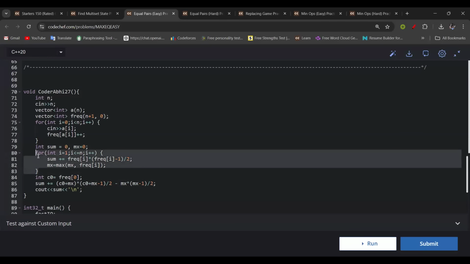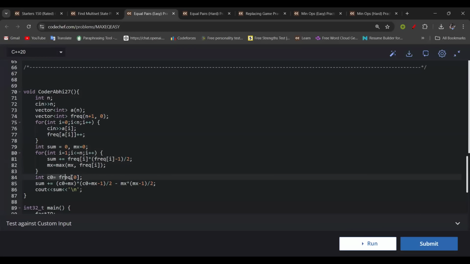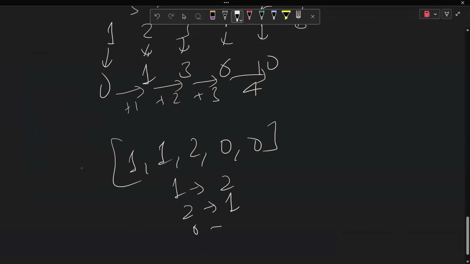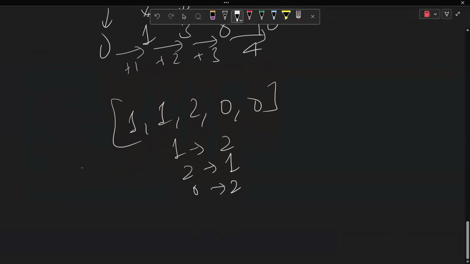Now in this, this C0 is the frequency of 0. So here, if you see, when I had 1, 1, 2, 0, 0, my frequency of 1 was 2, frequency of 2 was 1, frequency of 0 was 2. So initially I calculated my answer from this.